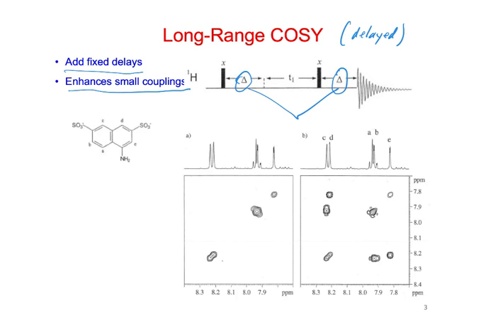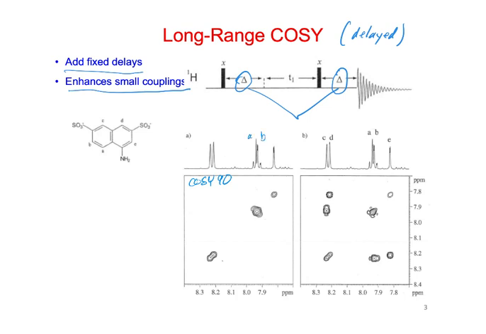Okay, so here are two examples. This is the normal COSY 90, I guess, and we don't really see much here. Which way does this go? We could figure this out in a second. A, B. Okay, yeah, it says right over there.